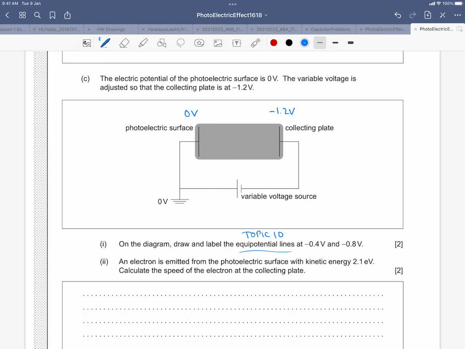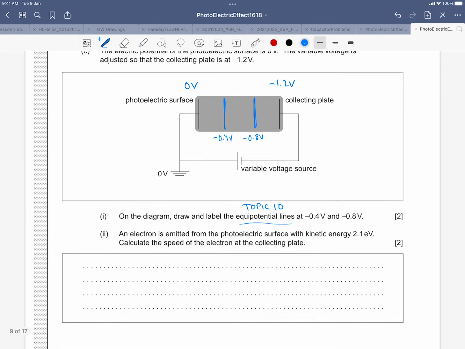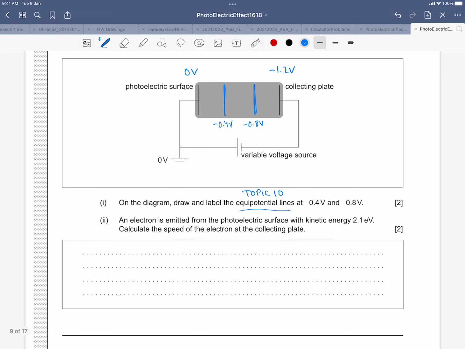If you want, you could also identify halfway, and then divide that into another 3 equal parts to get 0.2. This is going to be 0.4 volts, that one here. Here we have 0.8 and 1. We had to show the 0.8 volt one, which is this one. So maybe I'll take away the other ones like that. Straight lines. Use a ruler. Draw those lines nice and straight and make sure that they're spaced out equally.